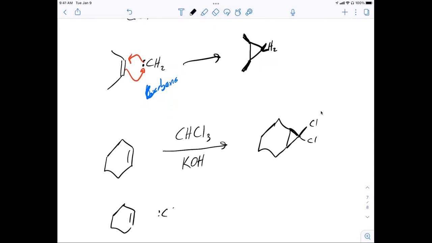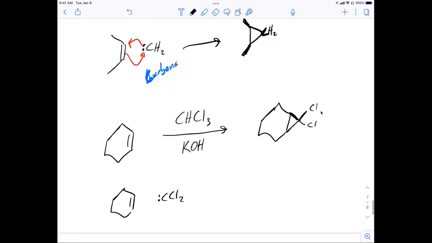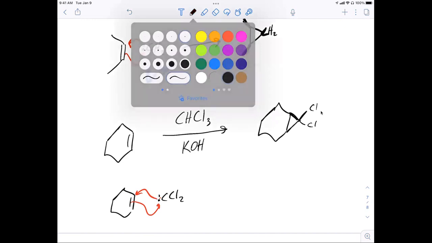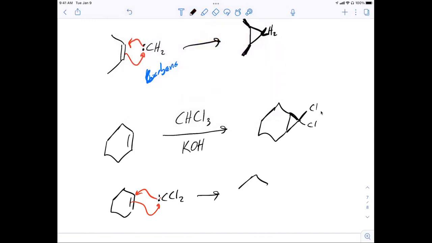This mechanism is well known. You do form the carbene, and then the carbene reacts to give you the cyclopropane, the dichlorinated cyclopropane.